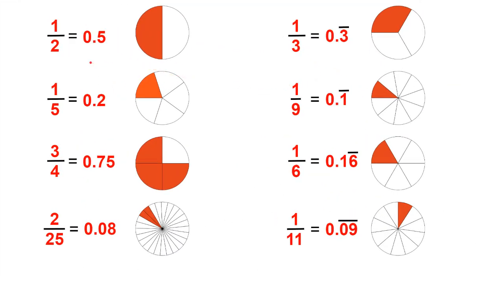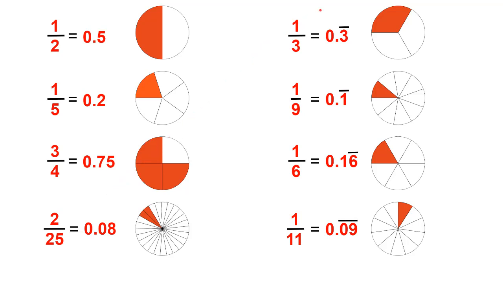So, in this lesson, we learned how to convert fractions to decimals. We learned how to convert 1/2 to 0.5, and that 1 over 5 is 0.2, and that 3/4 is 0.75, and that 2 over 25 is 0.08.